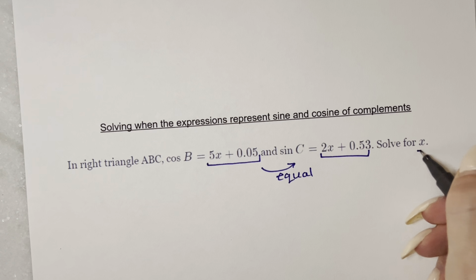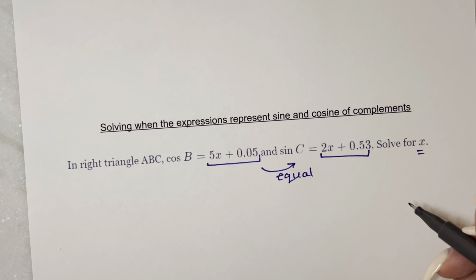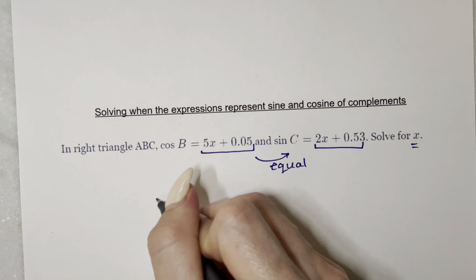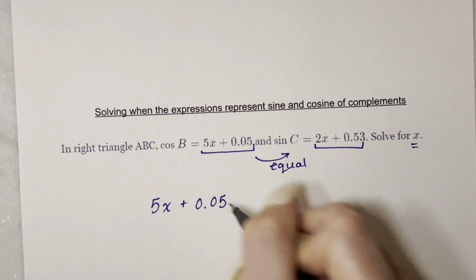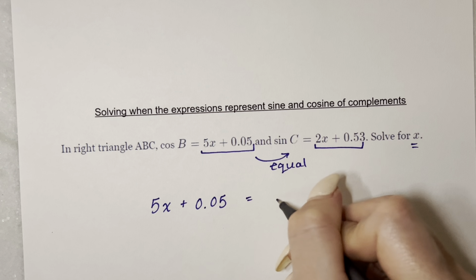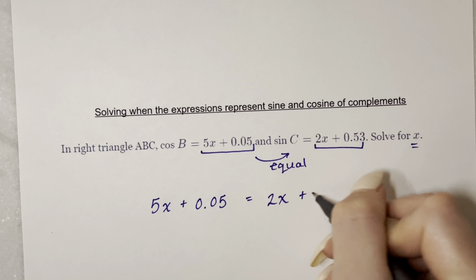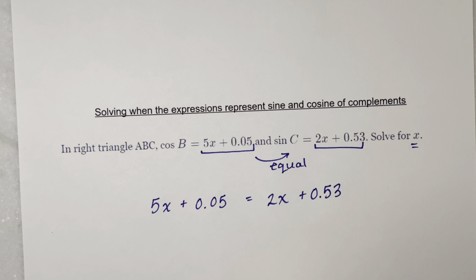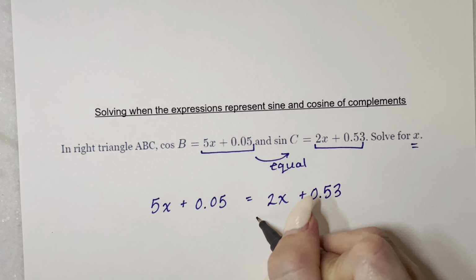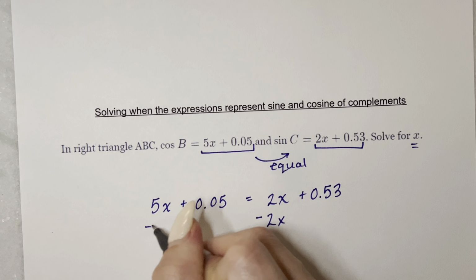And this question just asks you to solve for x. So I would set them equal. 5x plus 0.05 is equal to 2x plus 0.53. And then I can just solve that equation. I would move this 2x to the other side.